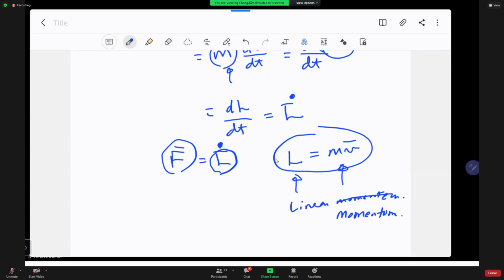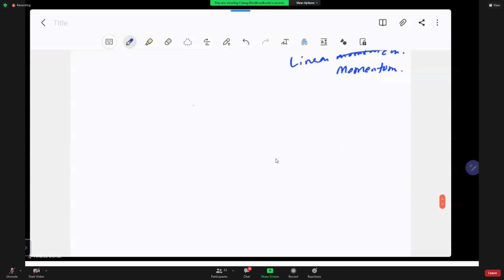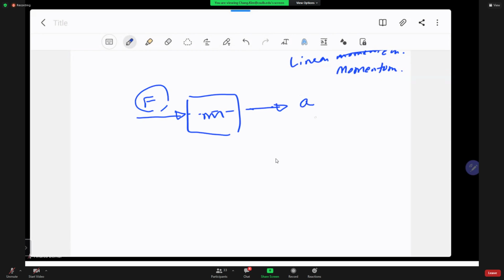So how do we use this equation? Let me move the heavy book away a little bit. If I have a mass here and I push with some kind of force, it will move in the direction of the applied force with an acceleration of a.